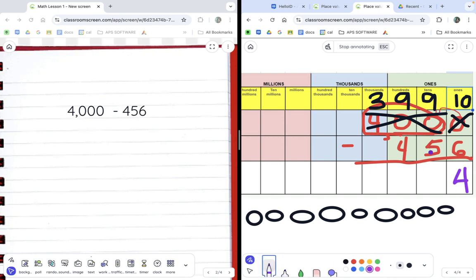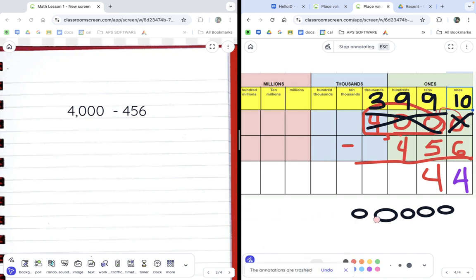We take away how many again? 5. Let's cross out 5. 1, 2, 3, 4, 5. So let's count how many we have left. We have 1, 2, 3, 4. Again, we have 4. And we're going to write 4 right here. And once you're done, erase the whole circles that you drew and start a new set again. Okay, we're done with the tens.